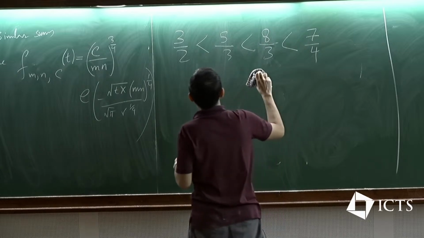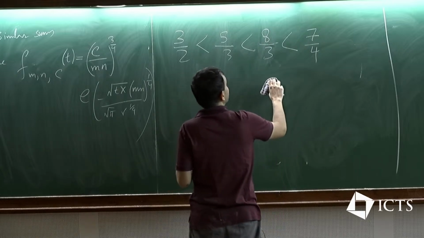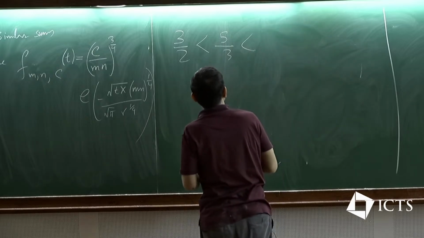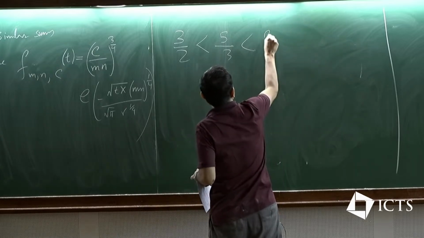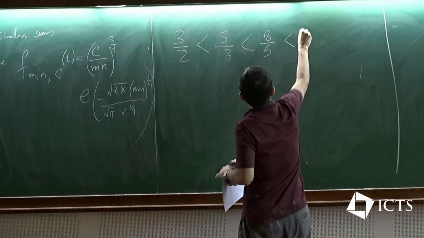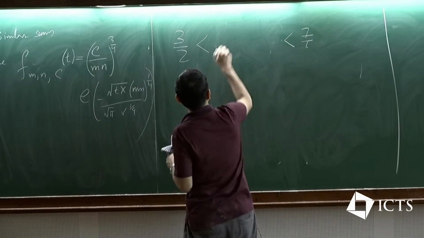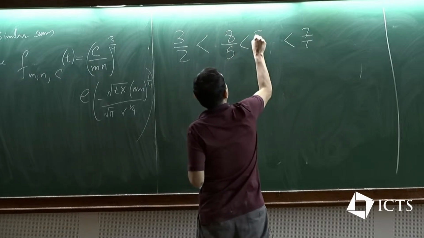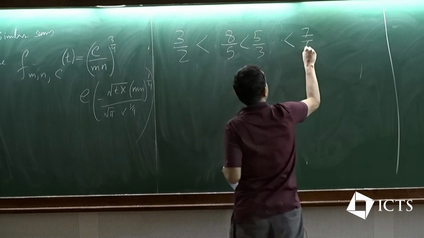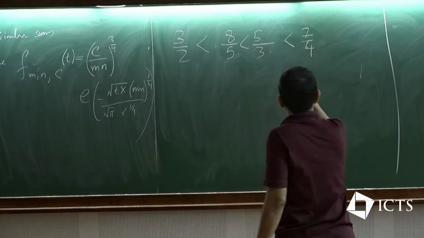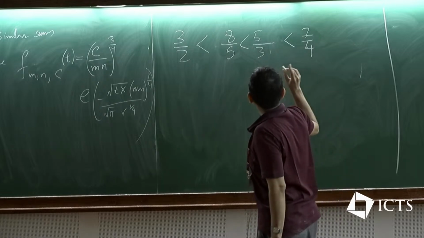Sorry, it's not 8 by 3, it's 8 by 5. Yeah, 8 by 5 is less than 5 by 3, that's what I thought. And this is 7 by 4. Yeah, now I think everything is correct. So this is the worst bound.